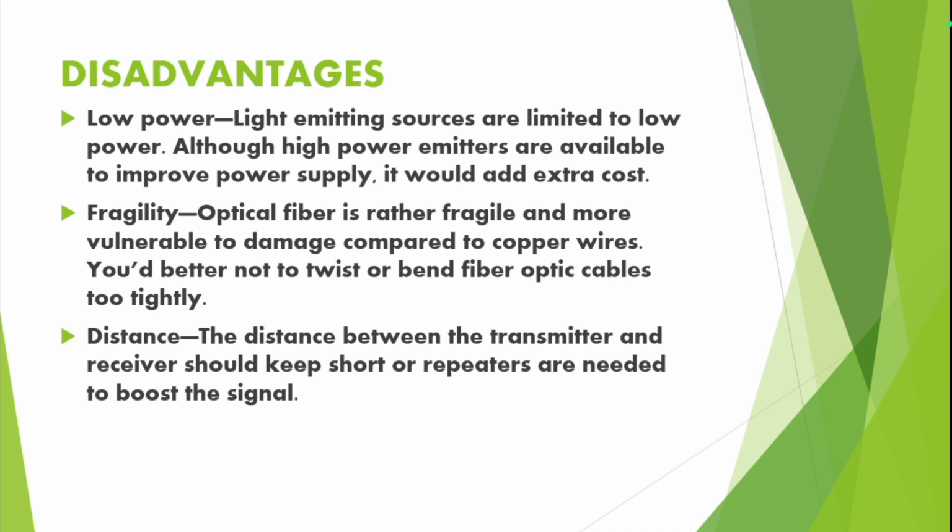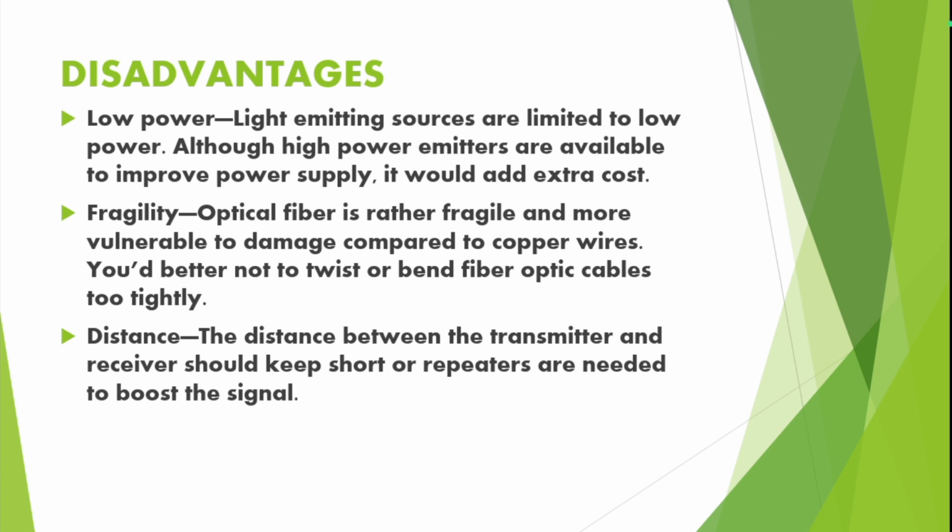Okay, next, fragility means flexibility. Here the optical fibers are very smooth in characteristics, so that the signal is transmitted from one end to the other end very fast, and we cannot twist or bend this fiber, otherwise it can get damaged.